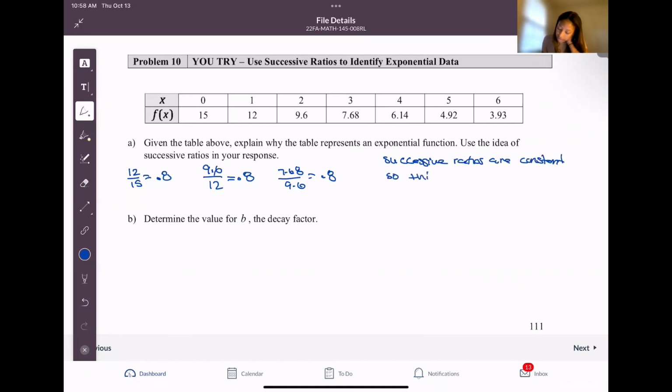So this is an exponential function with b equal to 0.8. That's the answer to the second part.